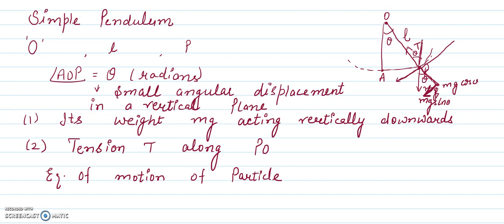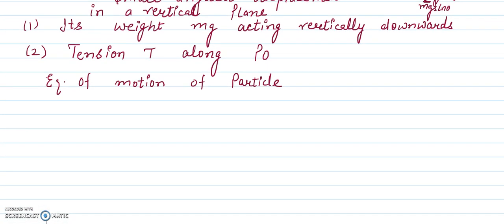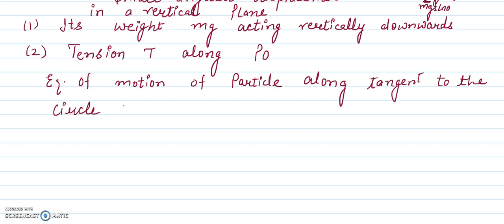So this component which is along the tangent, so the equation of motion of the particle along the tangent to the circle at P is ml d square theta by dt square equal to minus mg sin theta.